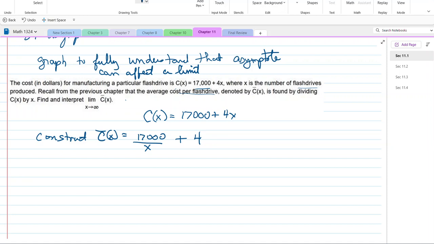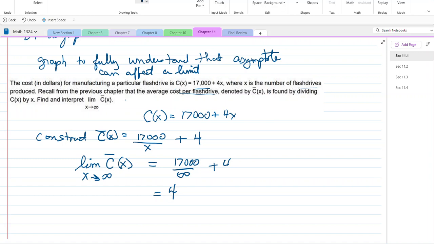So what does this tell us? All right, that the average cost as it goes to infinity. All right. So if it goes to infinity, I have 17,000 divided by infinity plus 4. So it is 4.